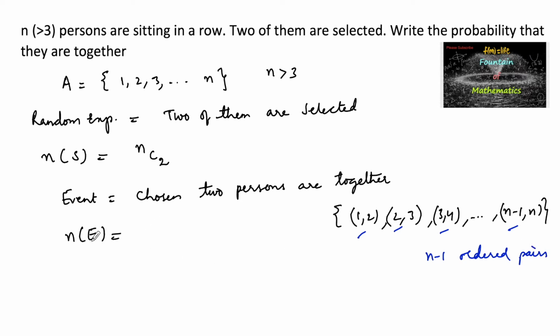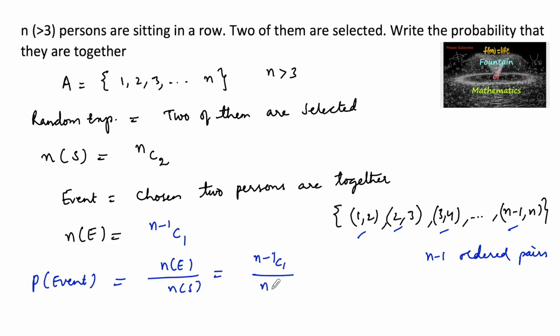So n of E is nothing but, among n minus 1 ordered pairs, we need to select 1 ordered pair. And therefore the probability of the event is n of E upon n of S. n of E is equal to (n minus 1)C1 upon n of S, which is nC2.